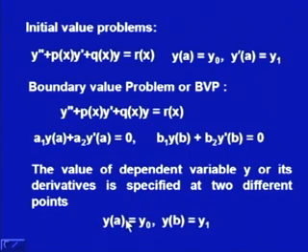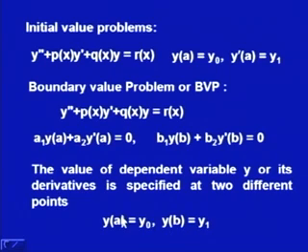Now, if I see the two problems, the initial value problem, where the conditions are specified at a single point on the function and its derivative, and this boundary value problem where the differential equation is the same, but the conditions are defined at two different points, they look similar.